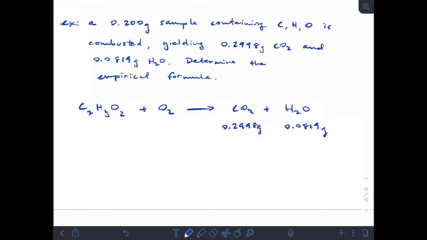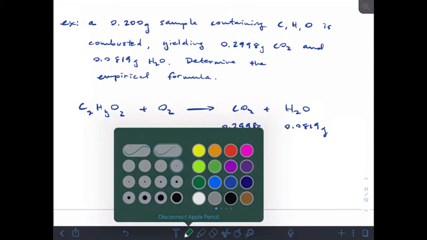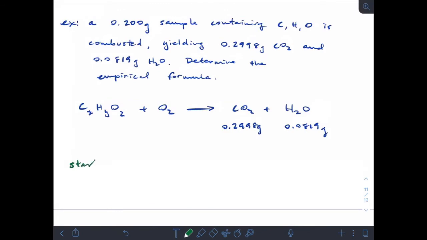All right, so we're going to start by determining moles of carbon and hydrogen, because we know that those only come from one place in the reactants, okay?